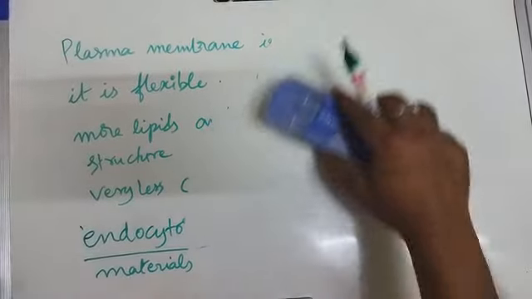If the concentration is more inside the cell, then they move out of the cell. If the concentration is less inside the cell than the external environment, then they move inside the cells by the process of diffusion. And diffusion of water is called osmosis.